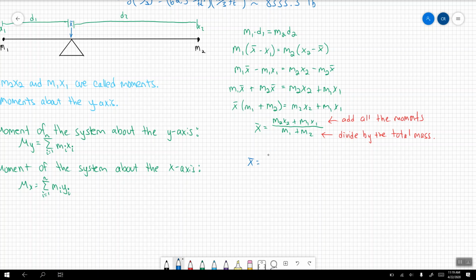So we're going to take all the moments about the y-axis and we're going to divide it by the mass of the object. All right. Now, your y values can be thought of as the same thing, right? If I want to find the midpoint or the balancing point for my y values, then all I got to do is take all the moments about the x-axis, because again, that's how far my y values are moving, and then just divide it by the mass of this object.